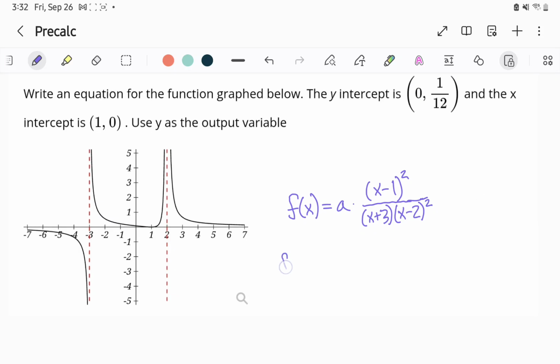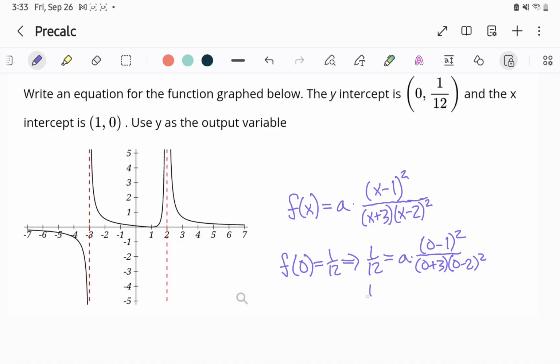So f of 0 equals 1 over 12 means that 1 over 12 equals a times (0 minus 1) squared over (0 plus 3) times (0 minus 2) squared.